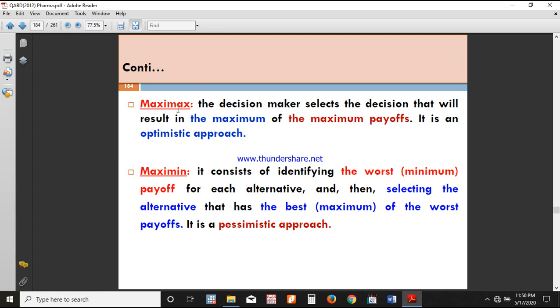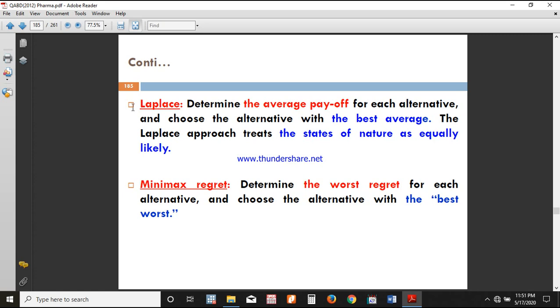For example, in the case of Maximax, you choose the maximum value from each row, and then choose the maximum of those. Whereas to apply the Maximin approach, you choose the minimum value from each row, and then choose the maximum. In the Laplace approach, you take into consideration the average payoff value.